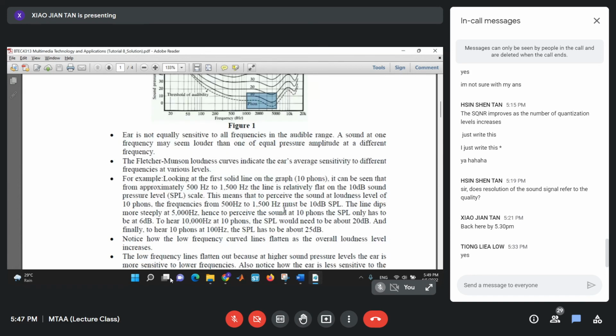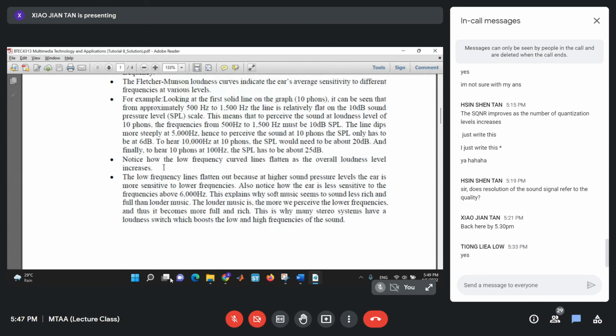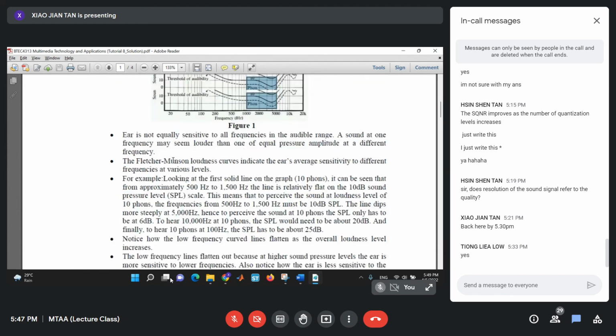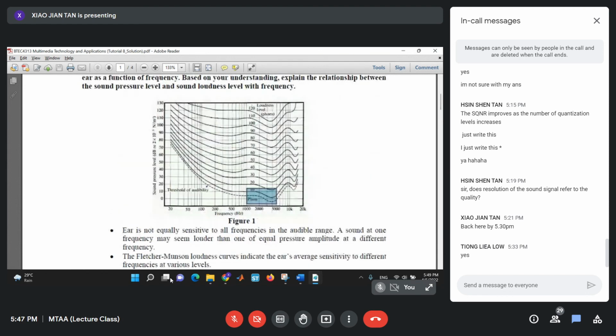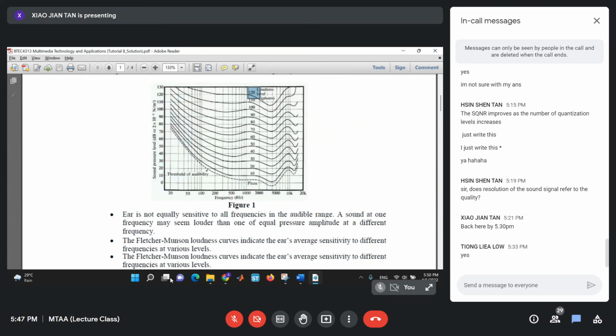So that is why it's actually flattened out, which means everything sounds the same. You need more energy no matter what, because it is very high in phons. So no matter what frequency it is, it sounds the same. No matter whether you are in this range or in this range, you still require a lot of energy in order to listen to that sound.